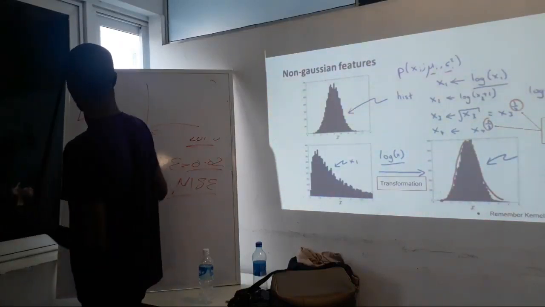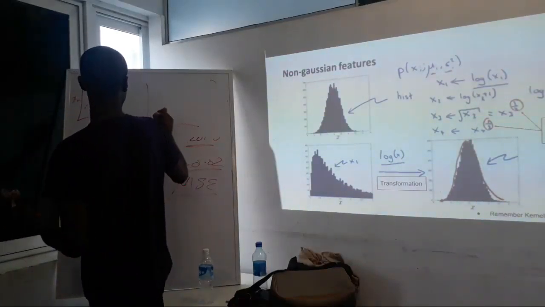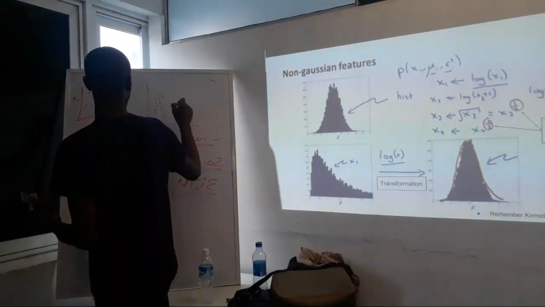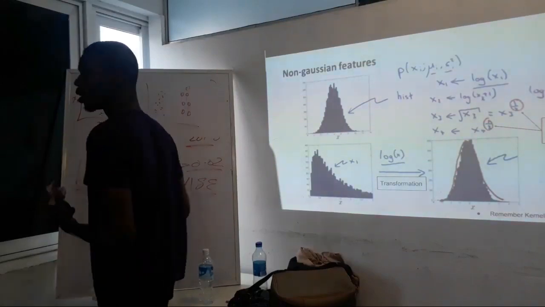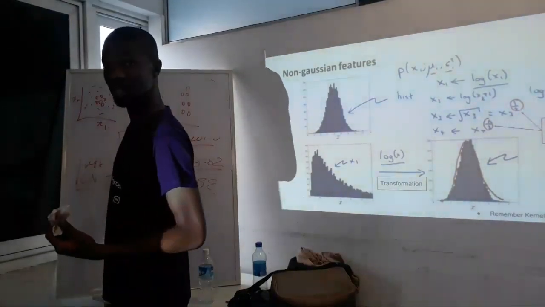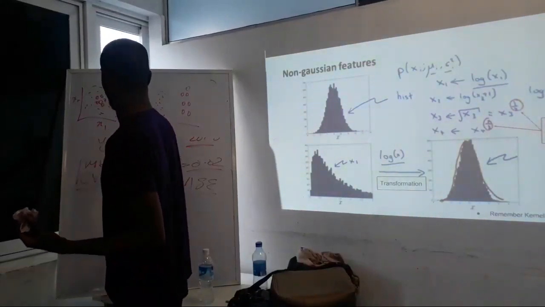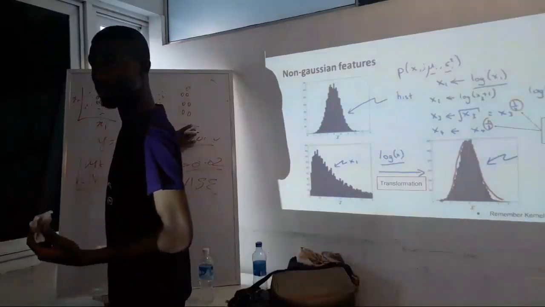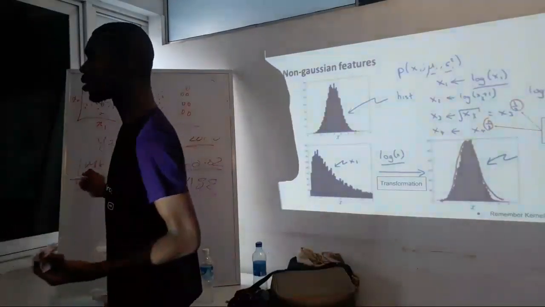Let's say you apply this guy here. Let's say this guy transforms this guy here to this guy here, right? So what does it enable it to do now?